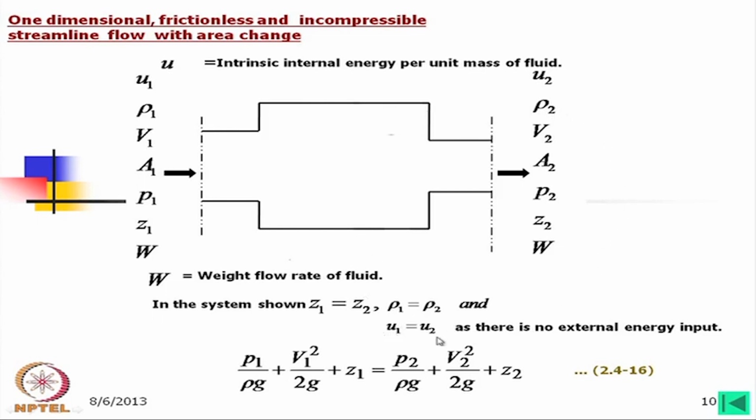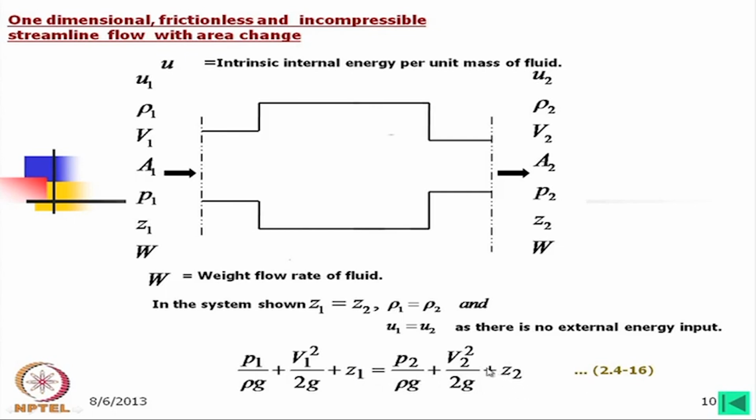Also u 1 and u 2 are equal, that means there is no change in intrinsic internal energy. Then simply we can develop these equations, and we can neglect z 1 and z 2 as they are equal.